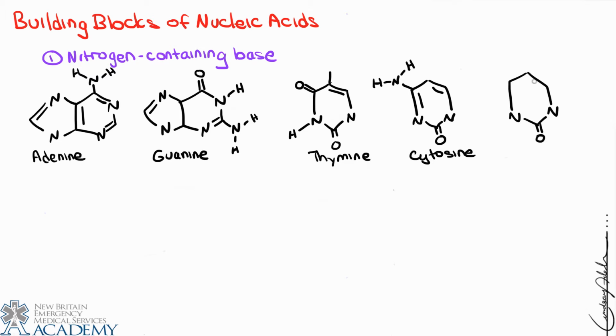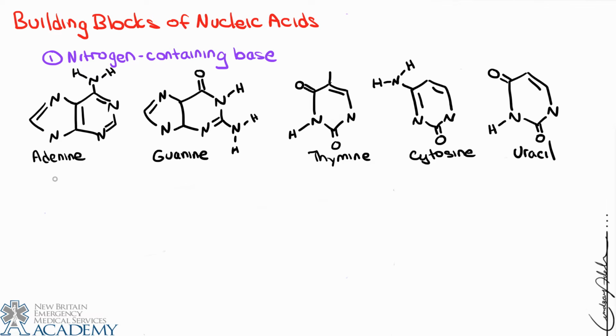So first we have adenine, and you can see all the nitrogens that are present. Of course, we know that every intersection is a carbon, and any place where we don't see 4 lines, we know that there are also some hidden hydrogens. The next one is guanine, followed by thymine, followed by cytosine, followed by uracil.